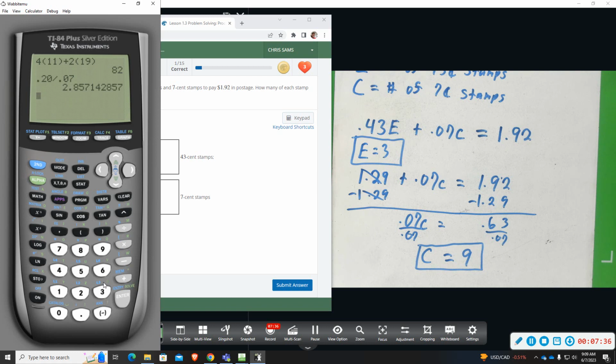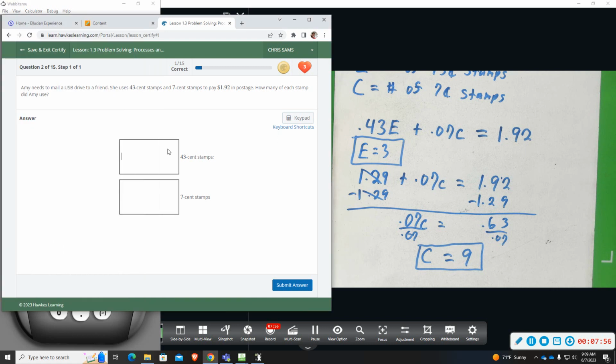So if I use 0.43 times 3 plus 0.07 times 9, does that equal 1.92? Okay, and we do. So that means we're going to use 3 of the expensive stamps and 9 of the cheaper stamps.